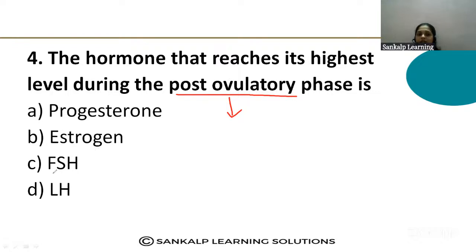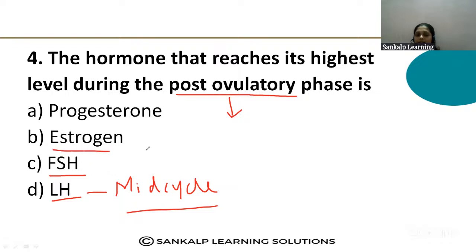Progesterone, estrogen, follicle stimulating hormone and luteinizing hormone. Luteinizing hormone is highest during the mid cycle of the menstrual cycle.